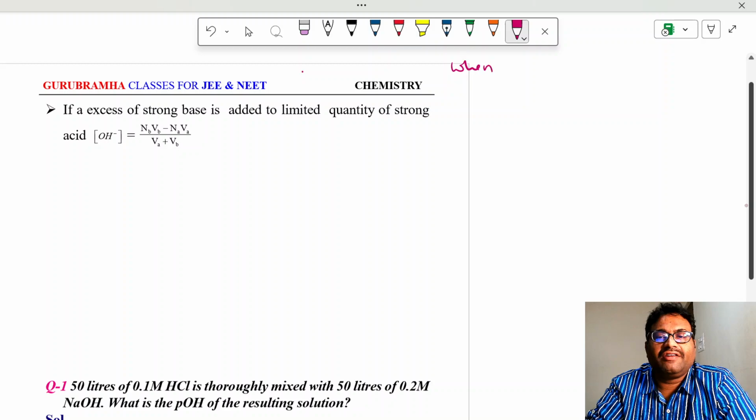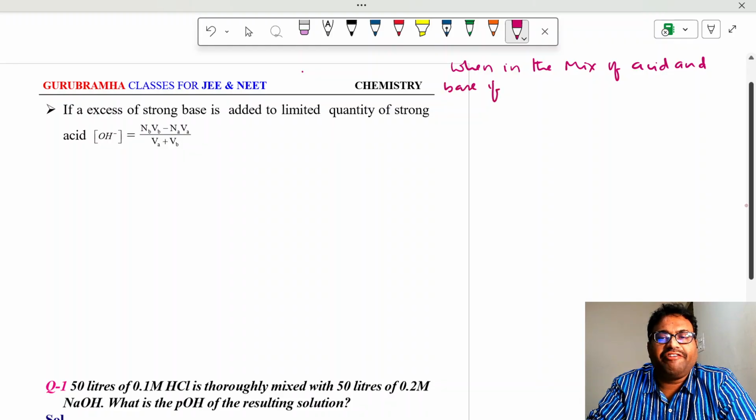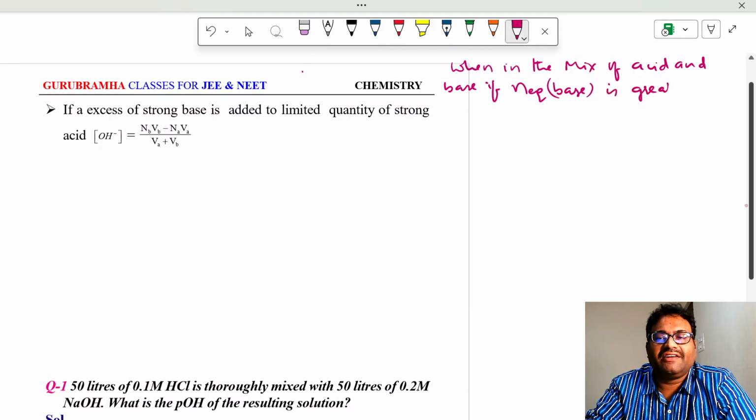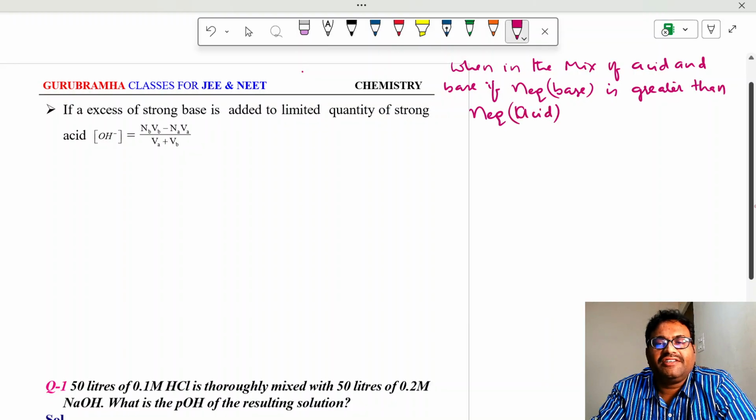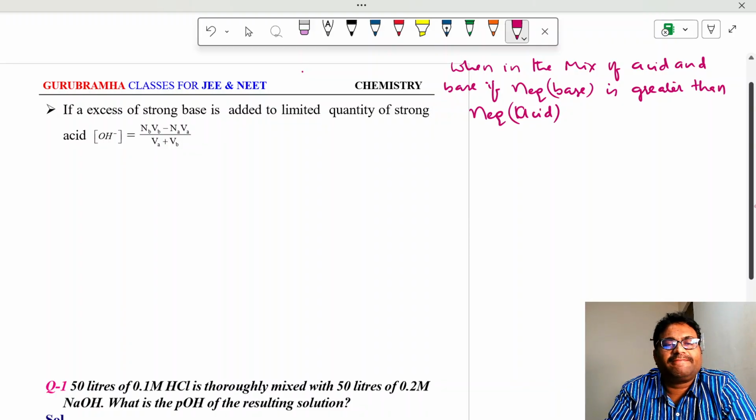When in the mixture of acid and base, the number of equivalents of base is greater than the number of equivalents of acid, then this formula arises.